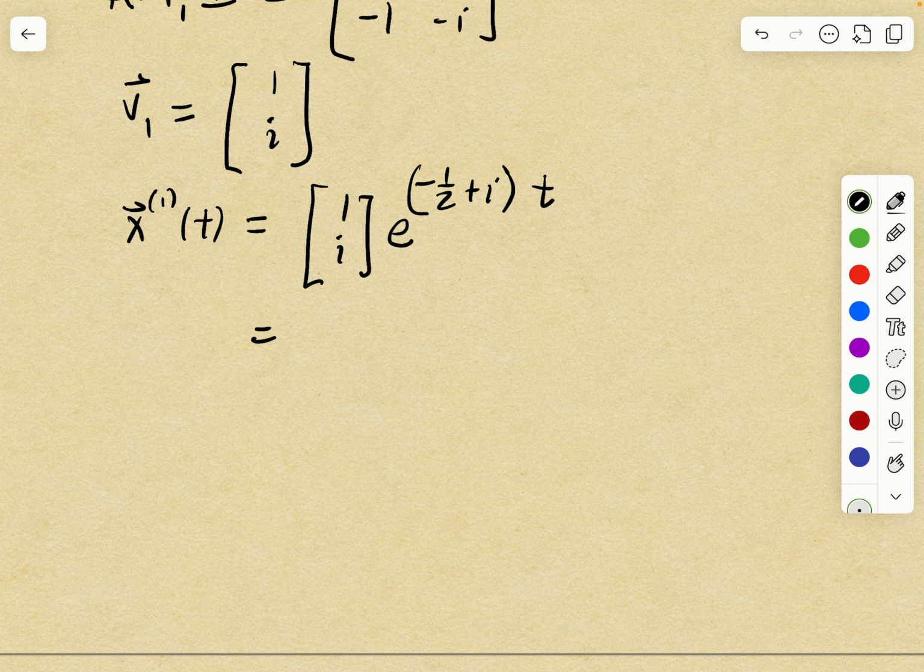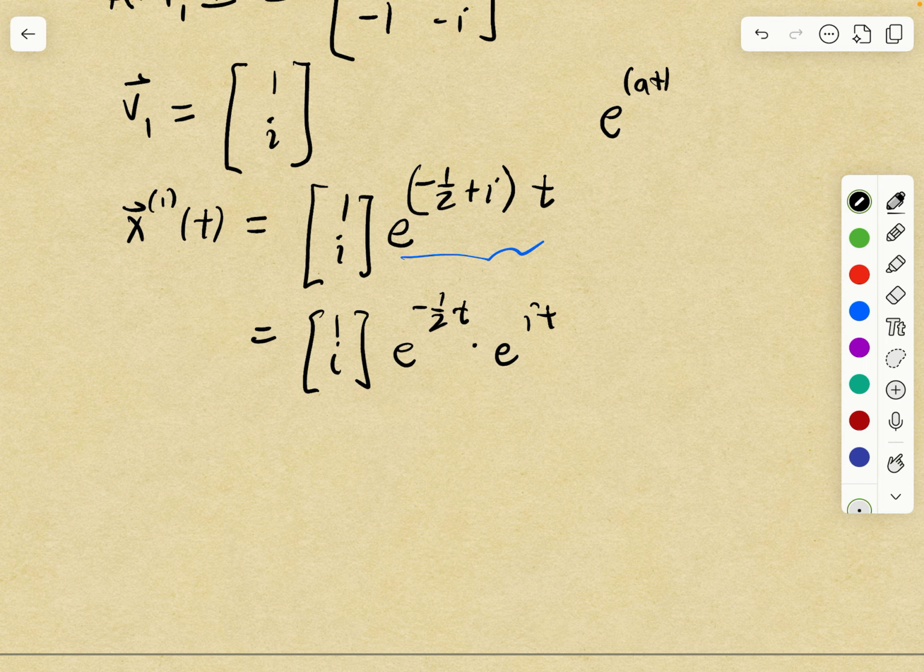So first, I'm going to write this out. This is (1, i) times e to the -1/2 t times e to the it. Okay, so in general, if you have e to the (a plus bi) t, that's just going to be e to the at times e to the i bt.